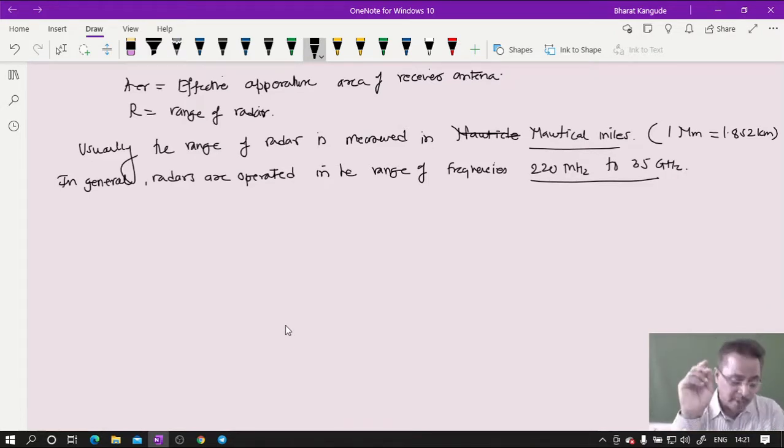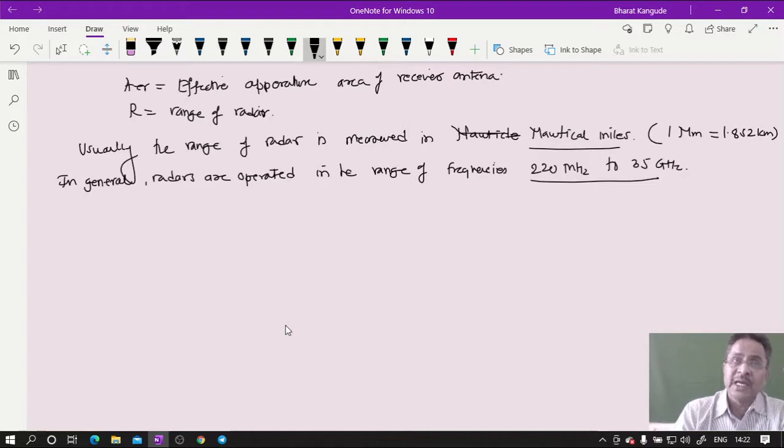Now, in tomorrow's discussion, we will go to the next topic. There are different types, primary and secondary radars, and many applications. For civilian purposes we use radar. For military use we use radar. For scientific use we also require this, such as wind scatterometer, which is called climatic applications.